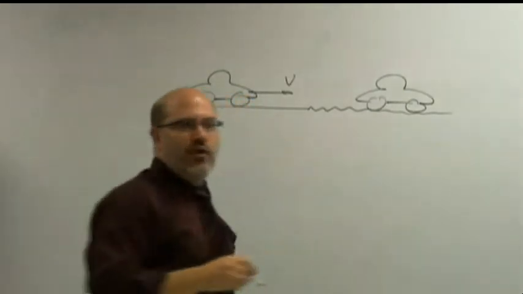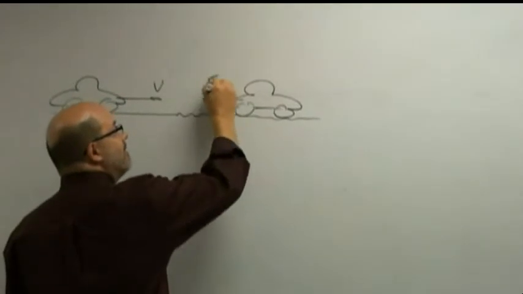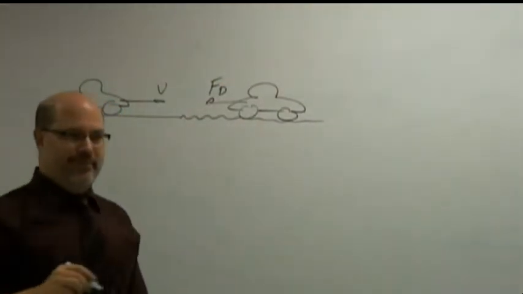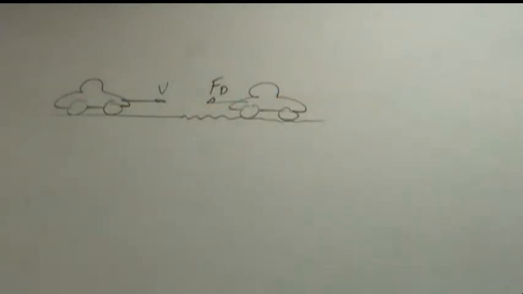When it gets into the drag area, what are the forces on the vehicle? Friction. Drag. I think I gave you this one in your review packet. Visualize this as a car, the Honda Element box car.